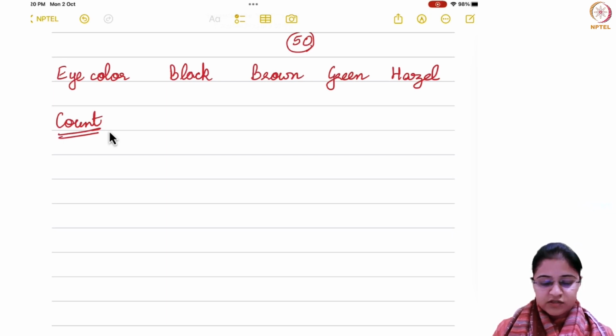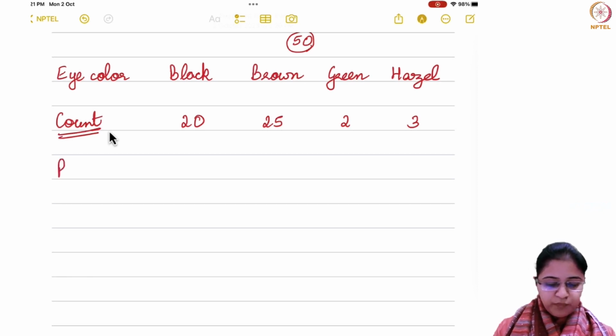Suppose it comes out as 20. For brown, it is 25. The count for green comes out to be, suppose, 2, and hazel is 3. Right? So this is the count, because count is basically just the number of times a category appears in the data set. Next is your proportion.